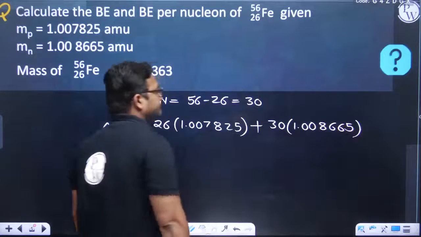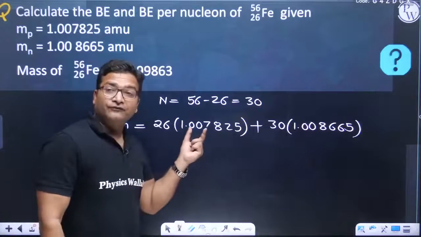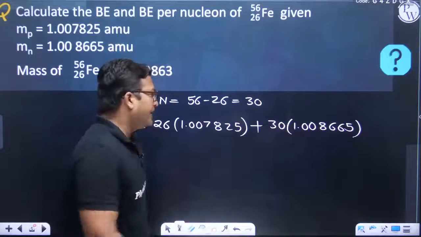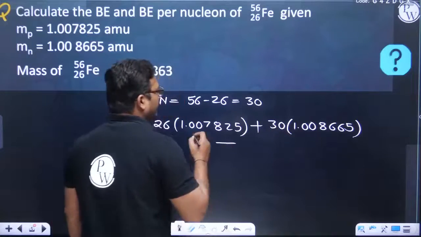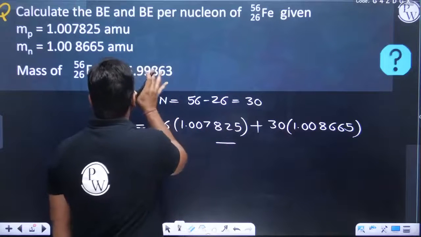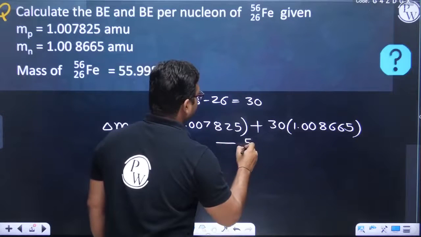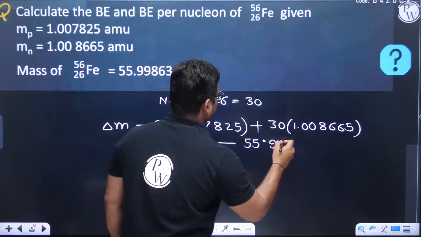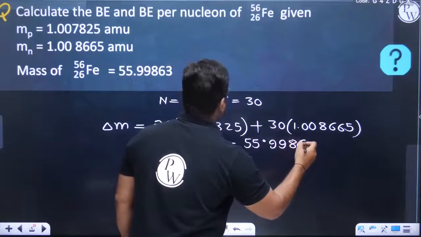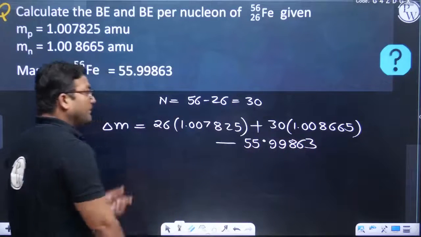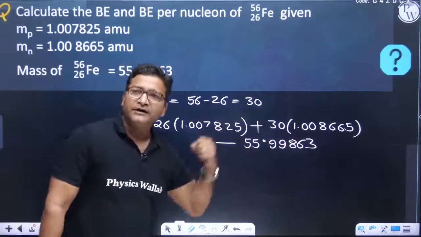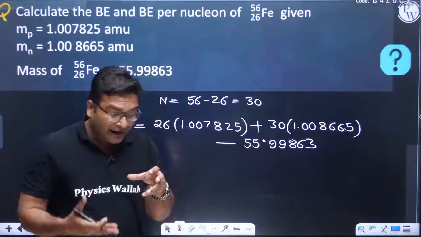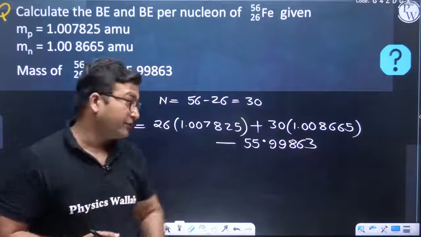This is the total mass of protons plus neutrons, and if we subtract the mass of the single nucleus, which is 55.99863, we get the mass defect. I think you can easily calculate this, but what we have to answer is the binding energy.